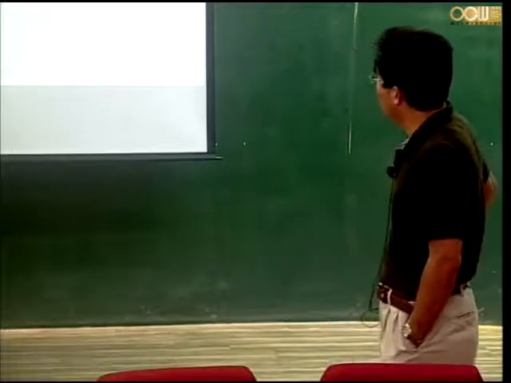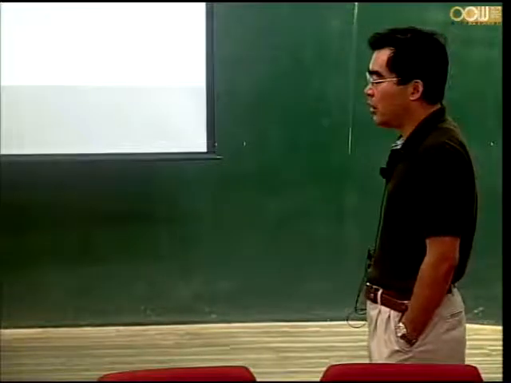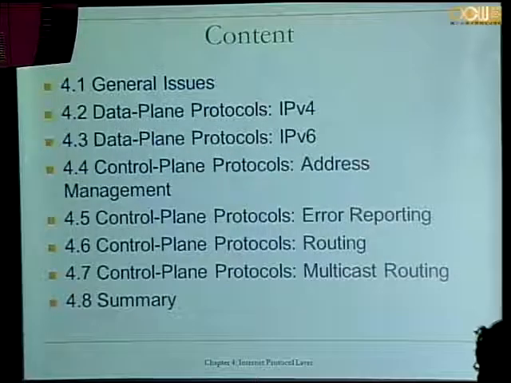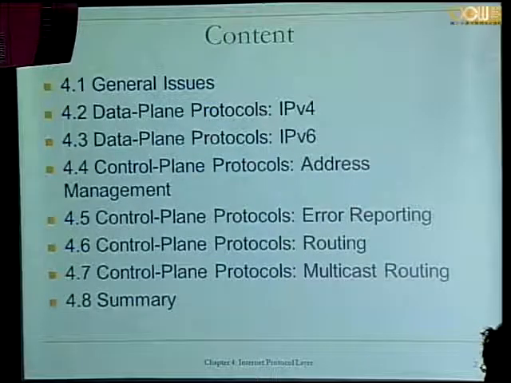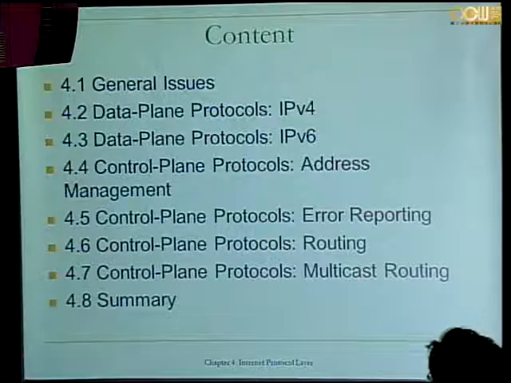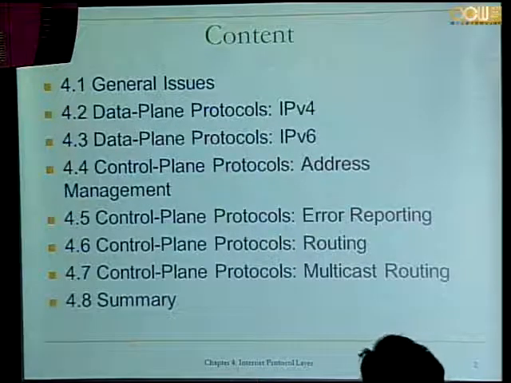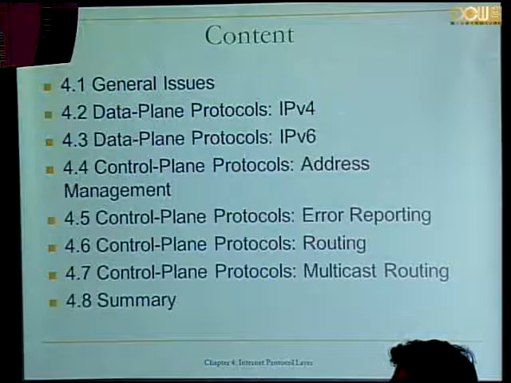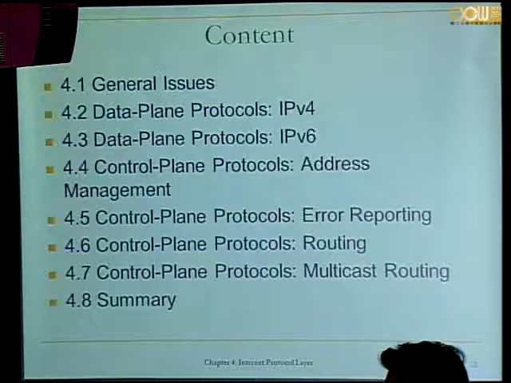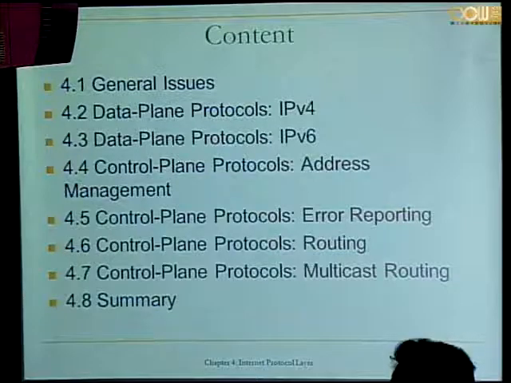So here we will see ARP, RARP, and DHCP for address management. And then error reporting is another control plane protocol, done by ICMP, Internet Control Message Protocol, which is for error reporting.